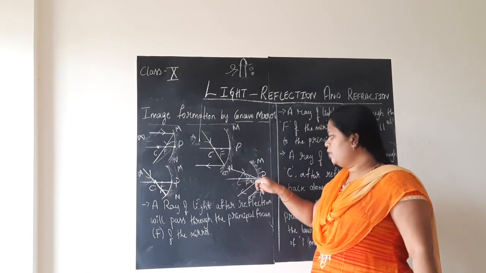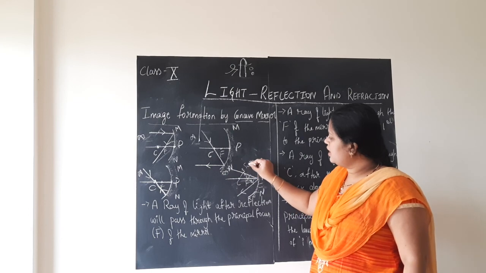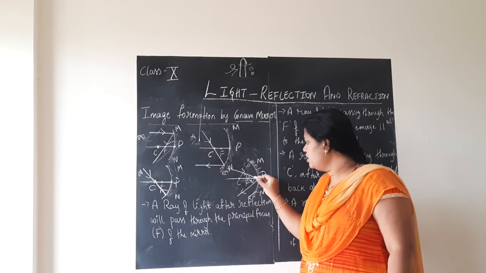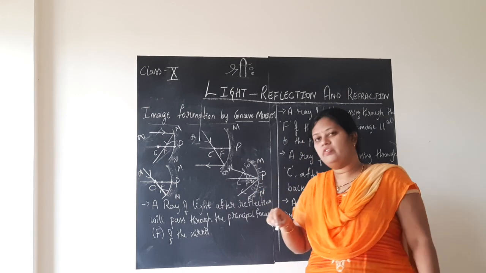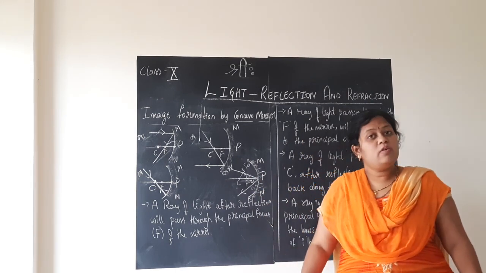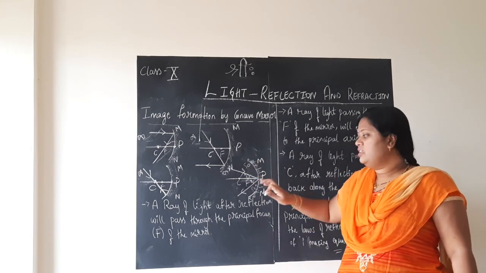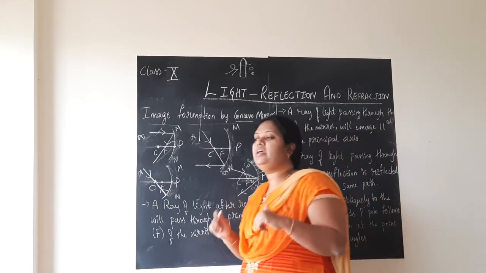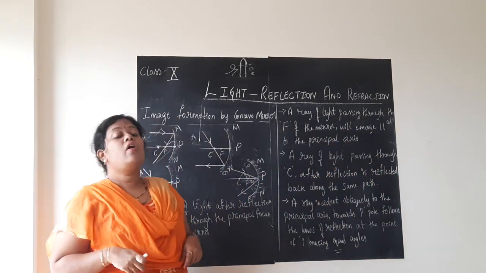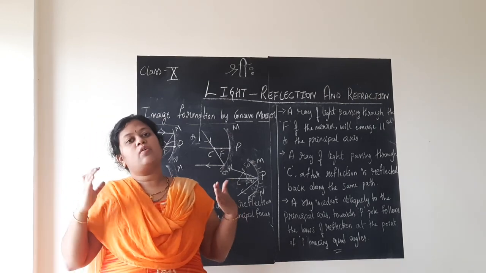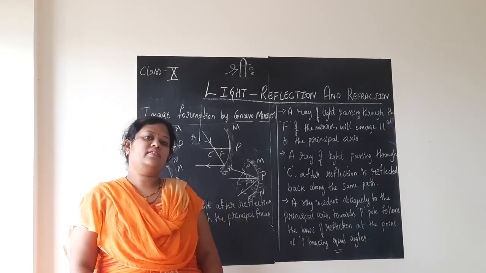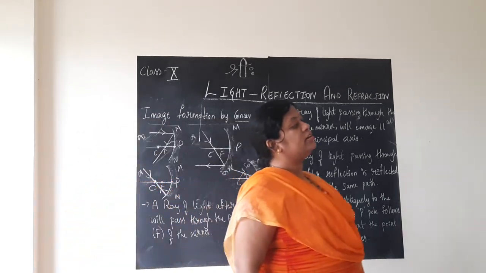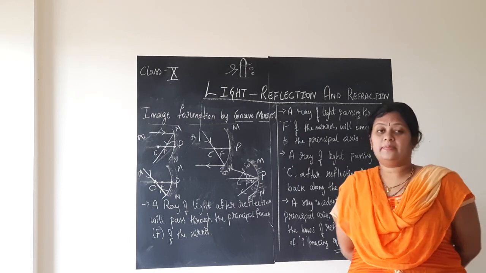If the incident ray touches the pole at some angle, maybe 50 degrees, and reflects back, this angle of reflection will also be equal to 50 degrees. Always 30 degrees and 30 degrees, 20 degrees and 20 degrees. So the angle of incidence will always be equal to the angle of reflection, or they say it reflects back obeying the laws of reflection. So these are the very important points you have to keep in mind when you draw the ray diagram. This is the skeleton.